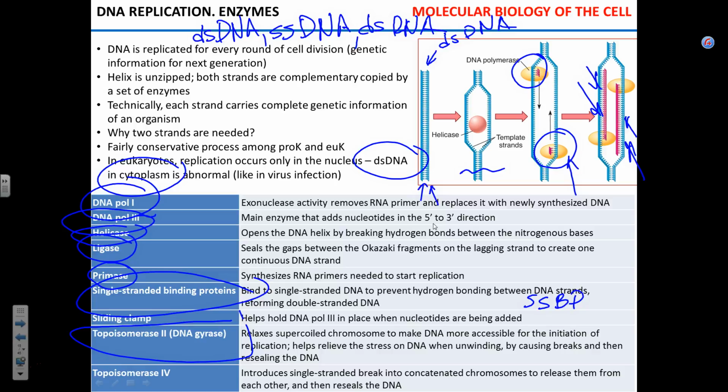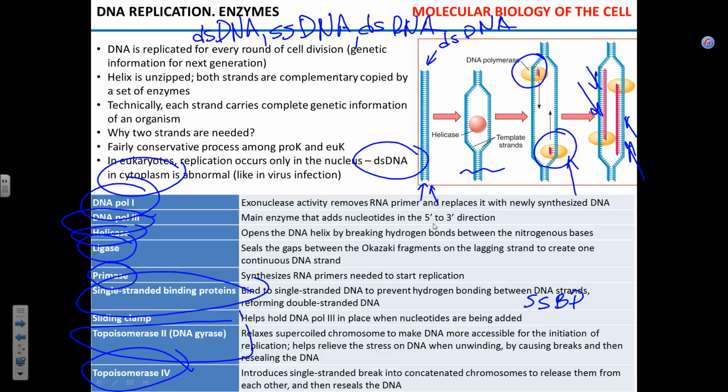Does that make sense? Now the last enzyme is quite a fascinating one, the so-called topoisomerase IV. The chromosome in bacteria, which shape does it have? Circular. Now if you try to replicate a circular molecule, the original one and the copy are going to get tangled like links of a chain.